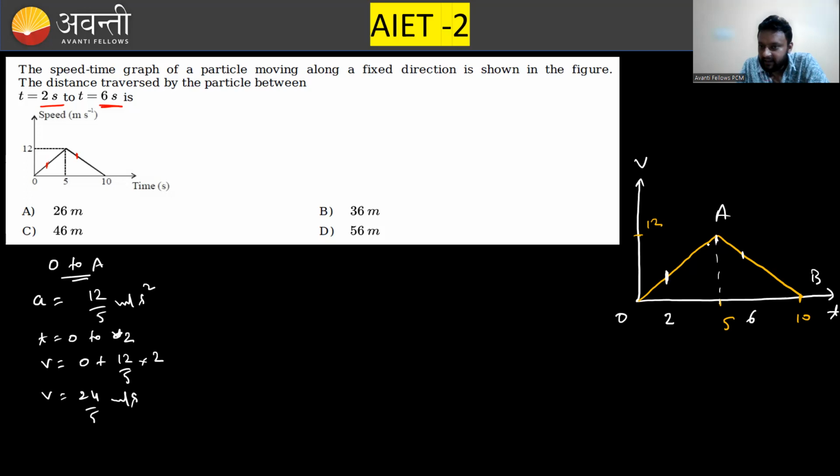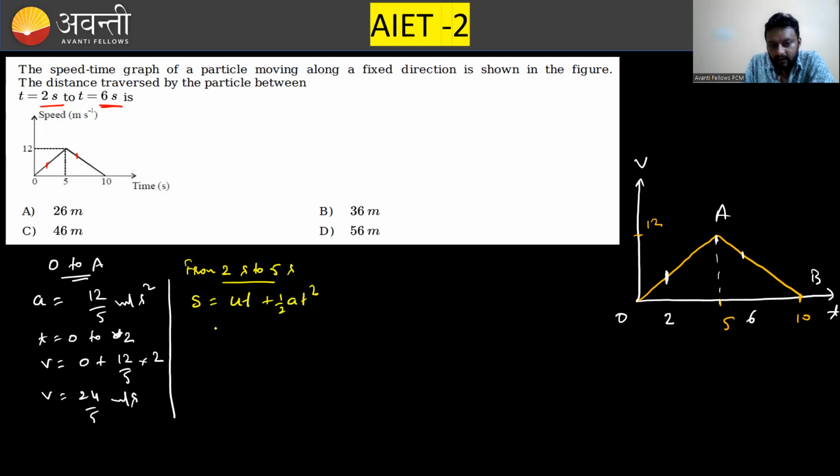Now you can use kinematic equation from this point to this point to get the distance. Now what I am doing, from 2 second to 5 second, distance S is equals to ut plus half at square.